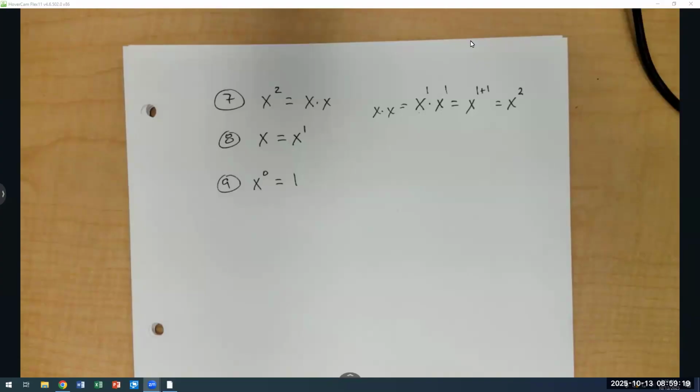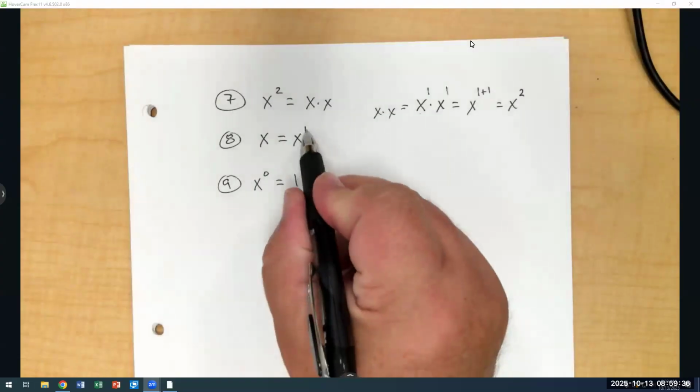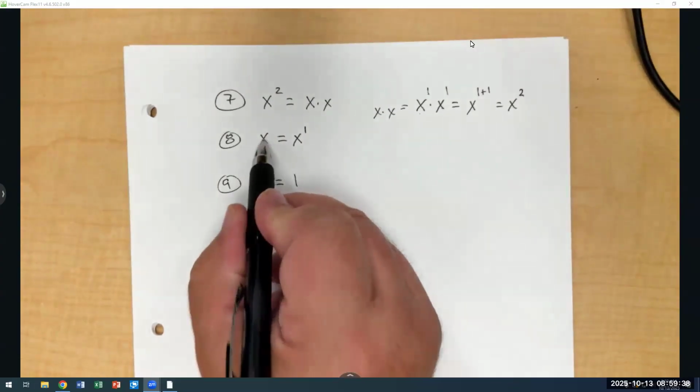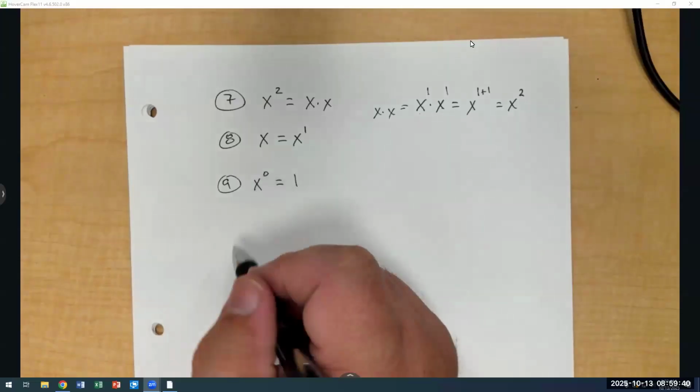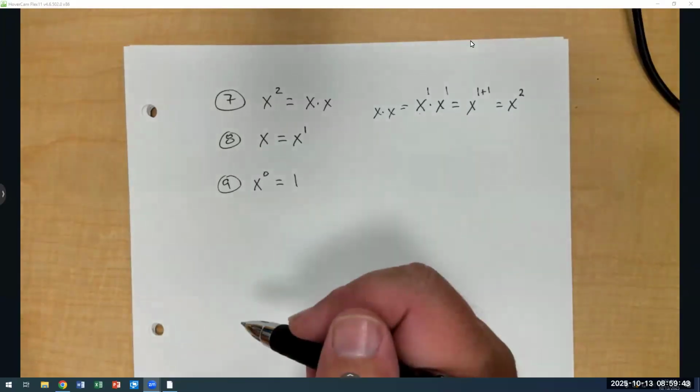Why is x to the 0 1? Theoretically, you're correct. Because if x to the first means there's one x, x to the 0 means there's what? No x's.